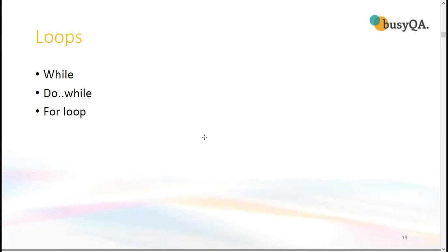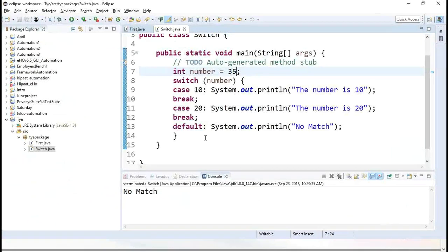Okay. Now the next thing you need to know as a QA in Java is what we call loops. And what is a loop? From the name, it means you're going around in a circle for a period of time. And loops help us in regression testing because sometimes in your software, you have to do something. Let me give you a very good test case.